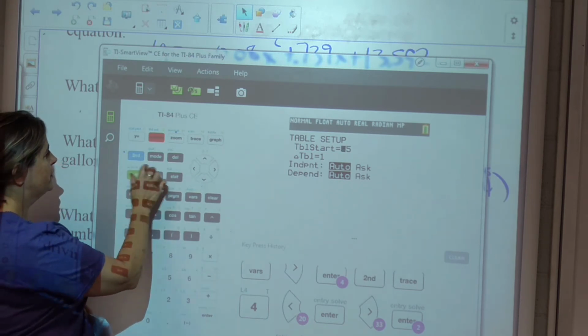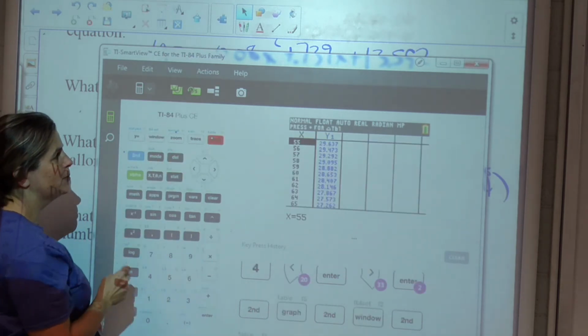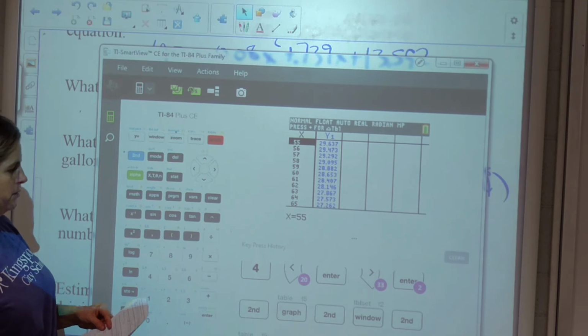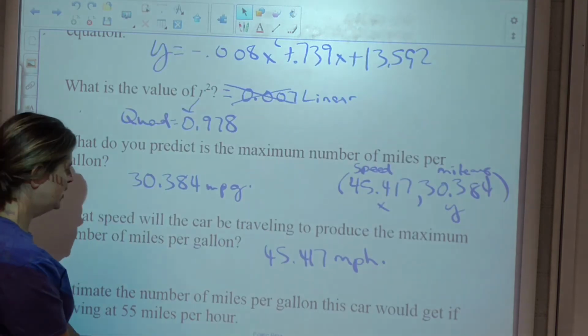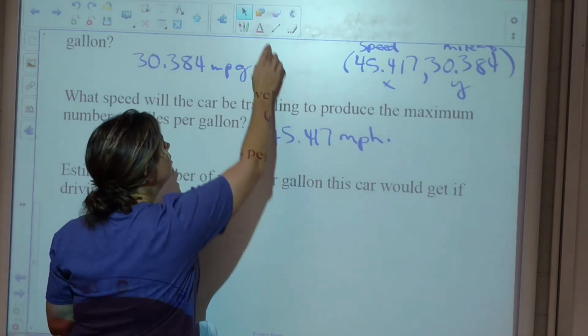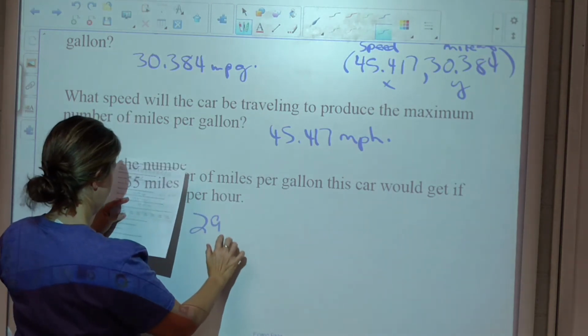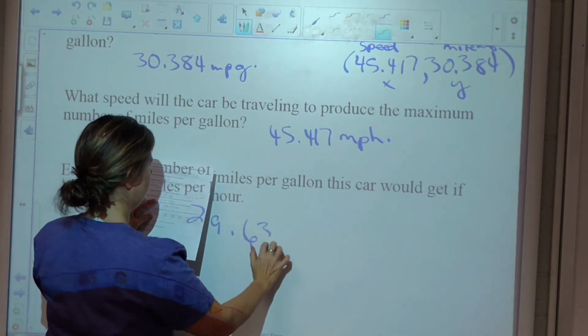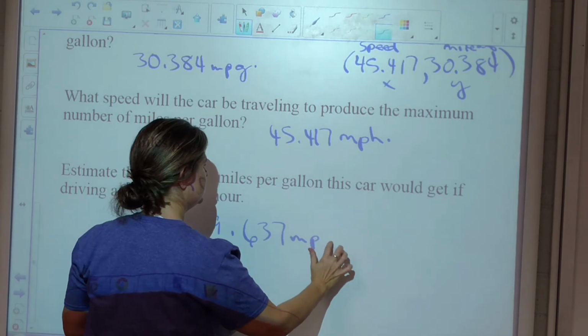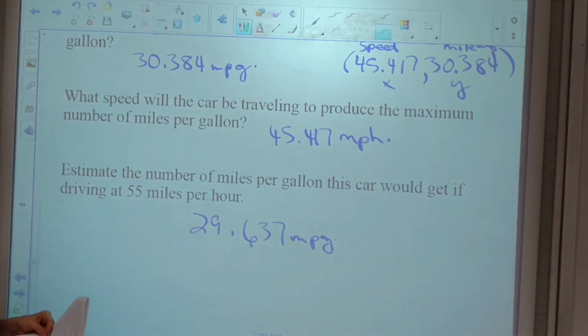So I've got 55 in there, so when I go to table, it takes me to 55 automatically, and that's going to give me 29.637 miles per gallon. Again, this is an estimate, but it should be somewhere in that neighborhood.